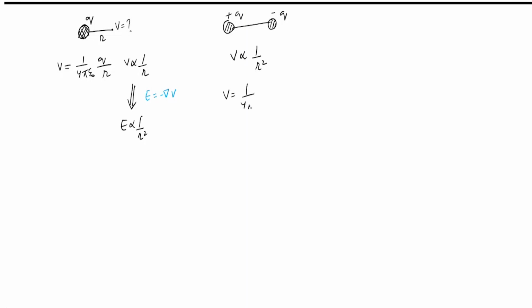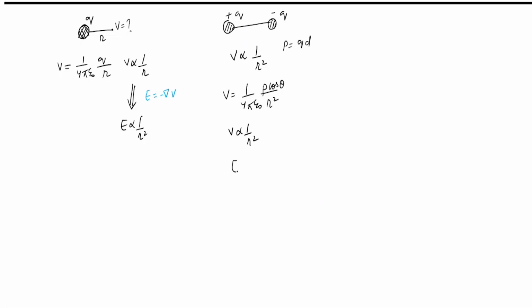It is 1 by 4 pi epsilon naught P by r square. It is P cos theta actually, where P is the dipole moment. So from here you can say that it is 1 by r square.